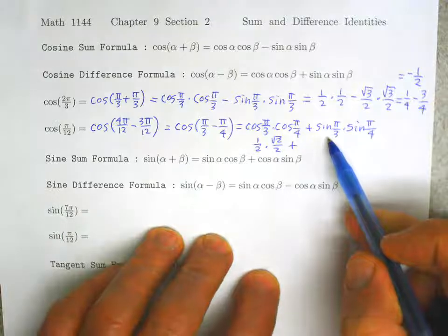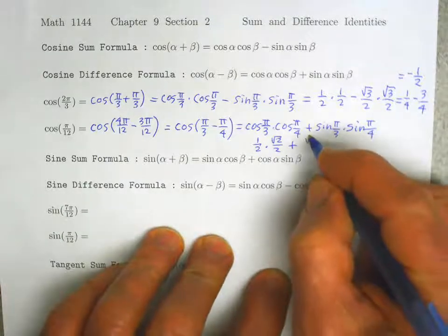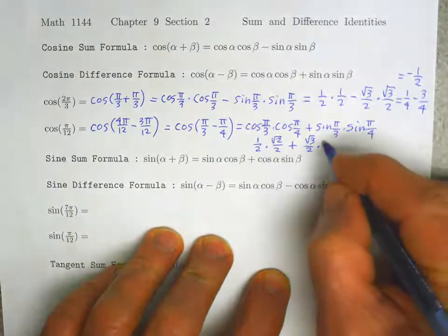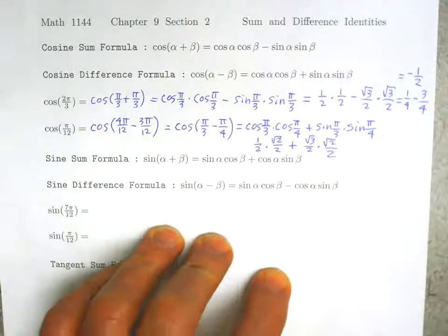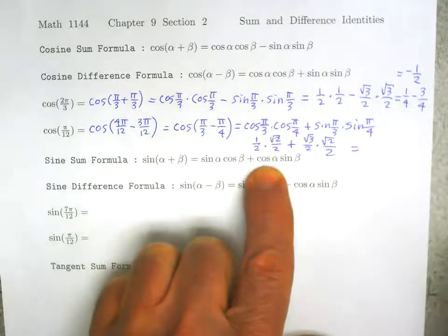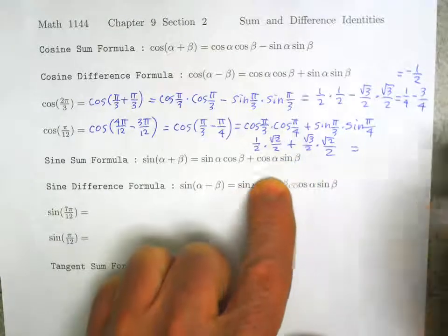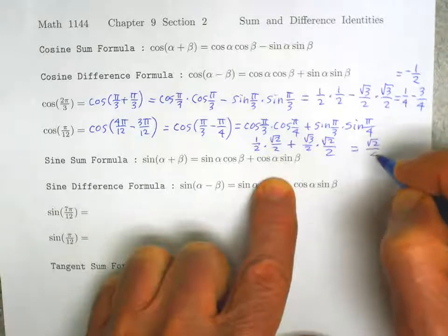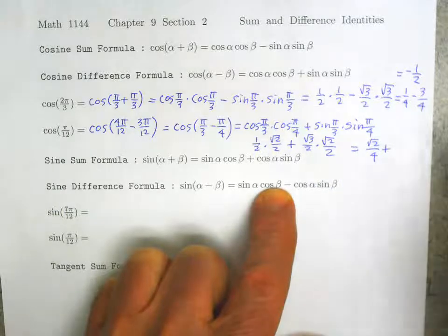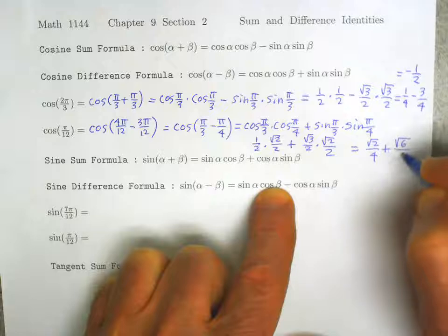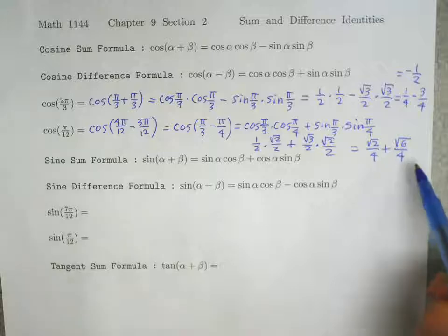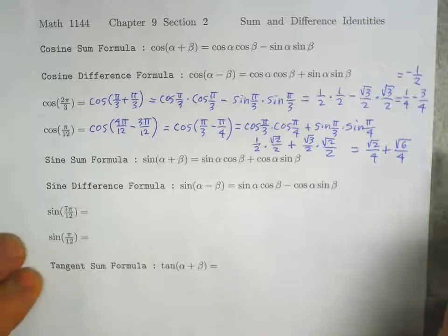And then we're adding that to the sine of pi over 3, which is the square root of 3 over 2. And the sine of pi over 4 is the square root of 2 over 2. So we'll take it a little bit further. 1/2 times the square root of 2 over 2 is the square root of 2 over 4. And we're adding that to the square root of 3 over 2 times the square root of 2 over 2. And that's the square root of 6 over 4. We can simplify this further, but I'm sort of out of room, but you'll get the idea.